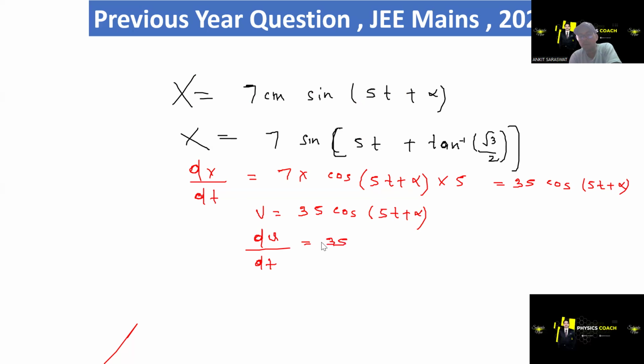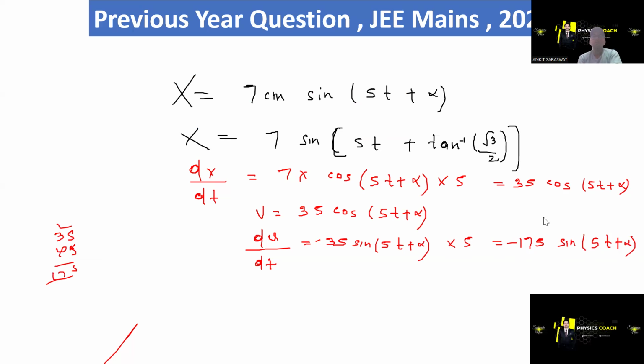Cos will become minus sine of (5t plus alpha), and 5 times 35 comes out to be 175. Is it so? Yes. Minus 175 sin(5t plus alpha). That is the acceleration.